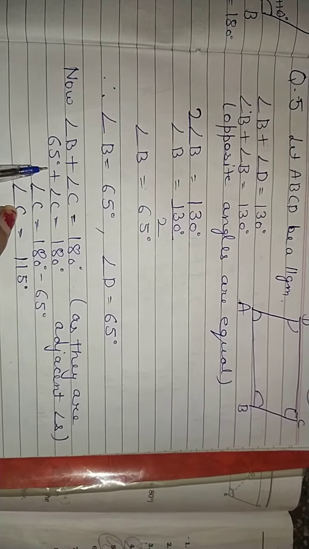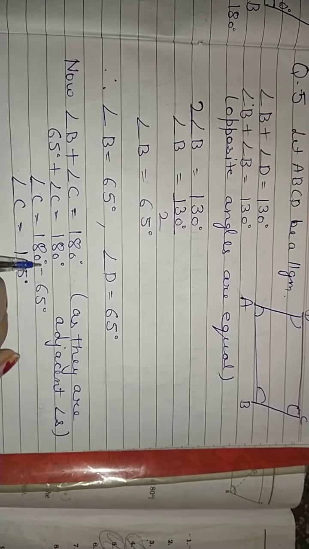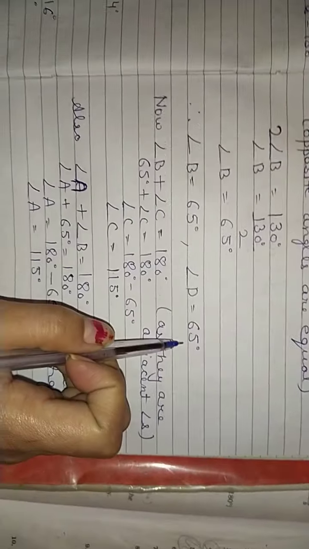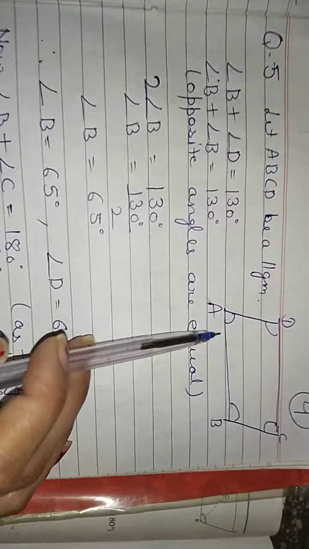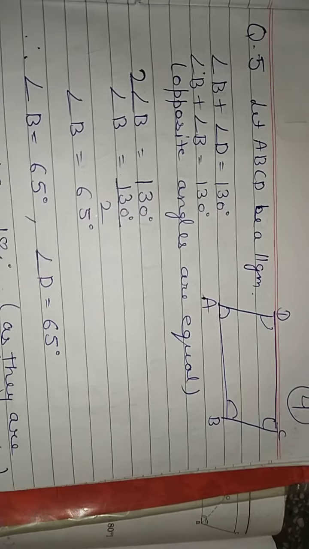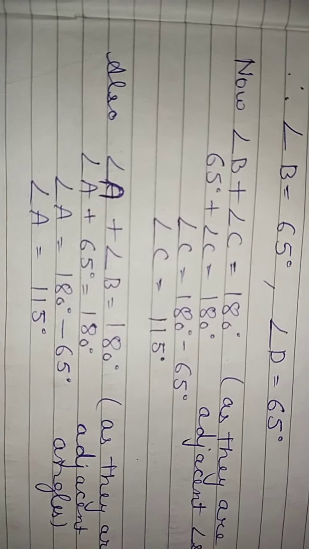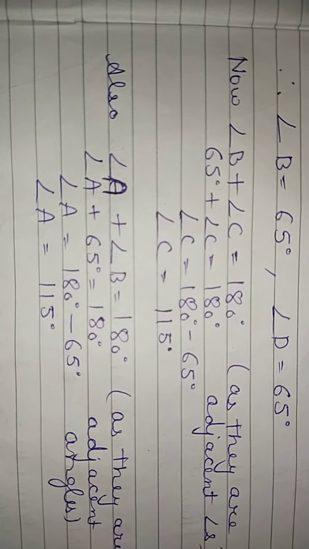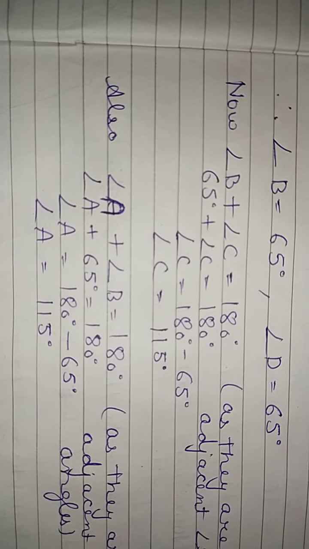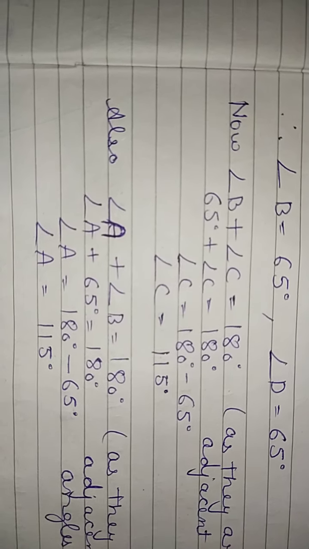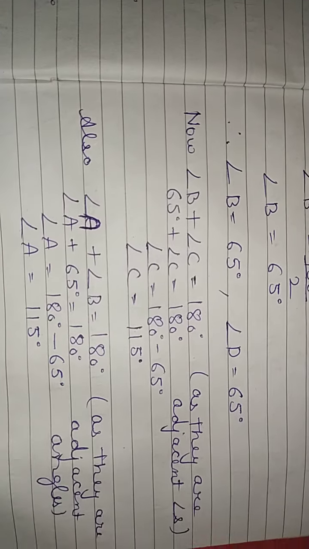So by putting angle B's value and subtracting from 180, you will get the value of angle C. Similarly, angle A and angle B both are adjacent angles. It means their sum will also be equal to 180 degree. And you can simply find out the value of angle A by subtracting the measure of angle B from 180 degree, and it comes out to be 115 degree.